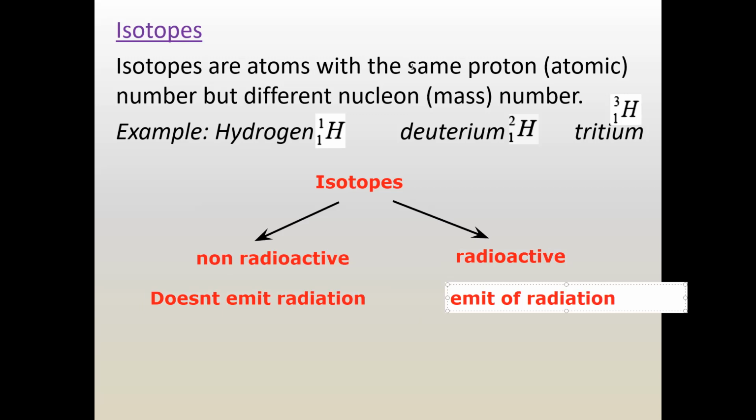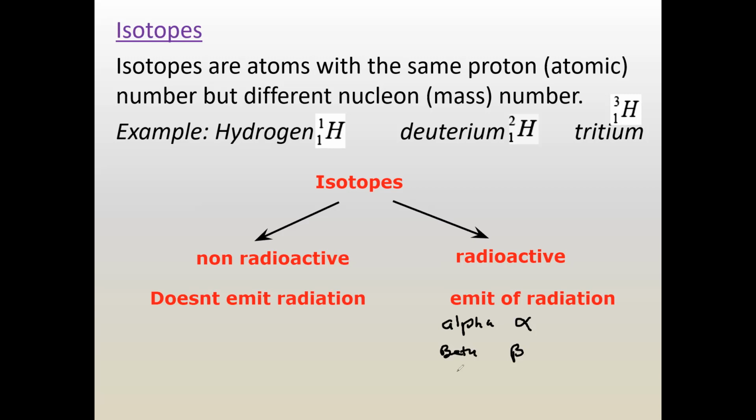There are 3 types of radiation which a radioactive isotope can emit. Later, in the second part of this chapter, we will discuss these radiations in detail. One is called alpha, denoted by a Greek letter. Then there is beta.